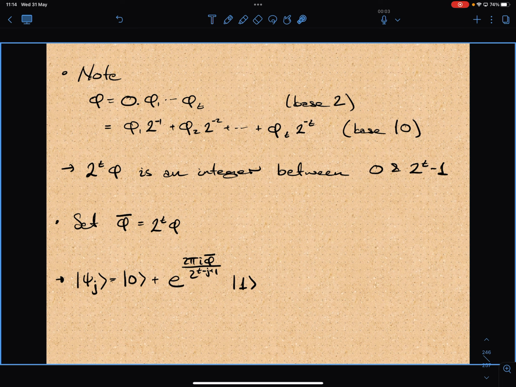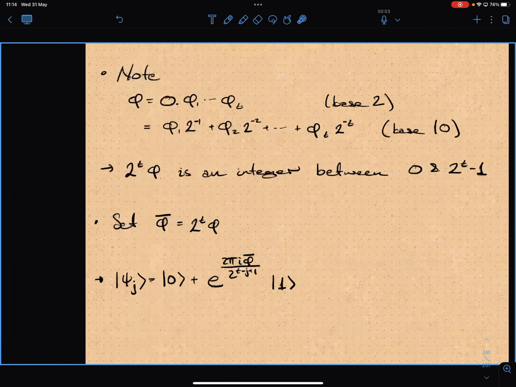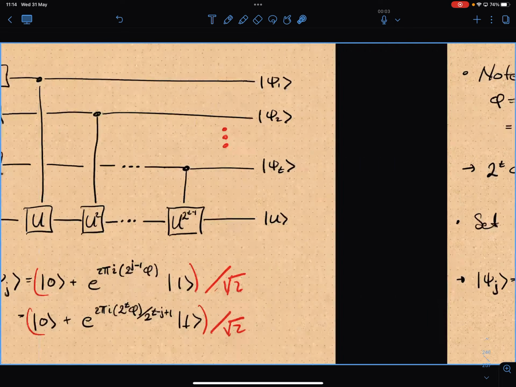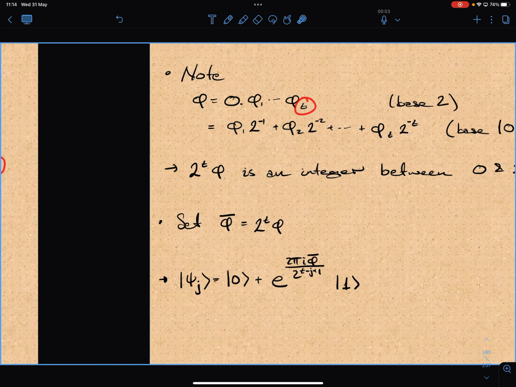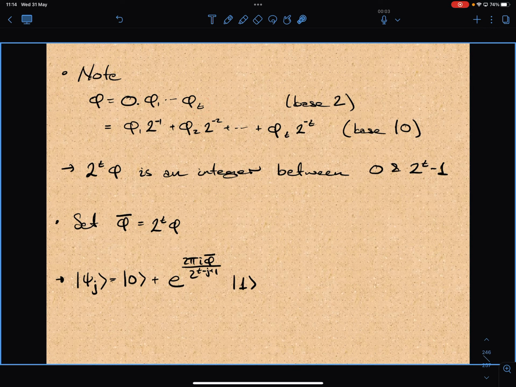So in here, our assumption is that we have a terminating base 2 expansion of phi, which terminates at t positions, which is the number of qubits that we're going to need to measure it. And this expansion is equivalent to this number.